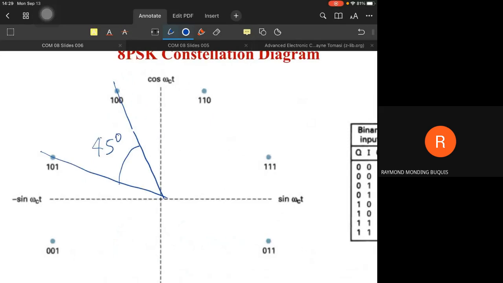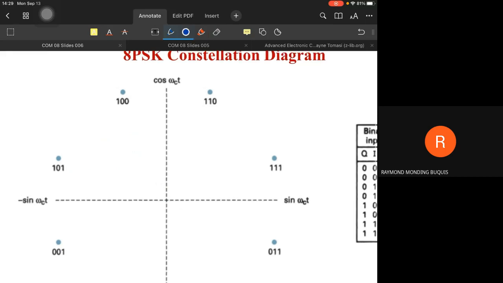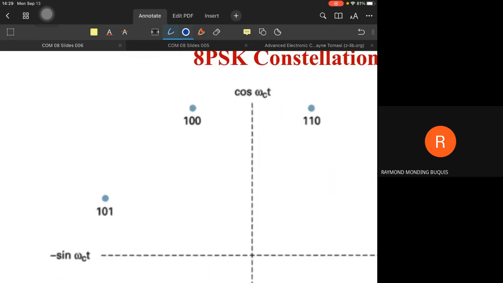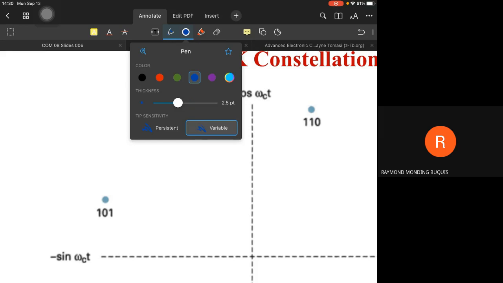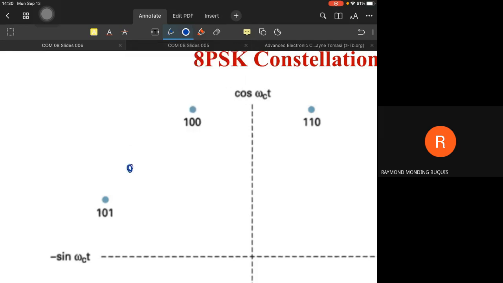Now, what about tolerance? Let's say, for example, our system is not perfect. The receiver receives a state or a symbol that lands somewhere here.